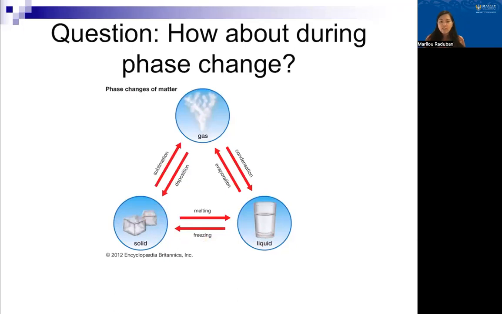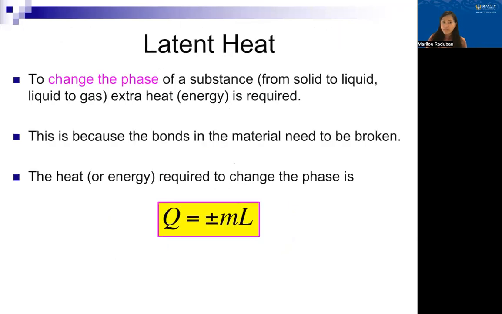So we can see there that adding heat to a material can either change its temperature, as we've seen earlier, or it can change the phase of that material. It can cause ice to melt, so you have melting, or it can cause liquid to evaporate into gas, so you have evaporation.